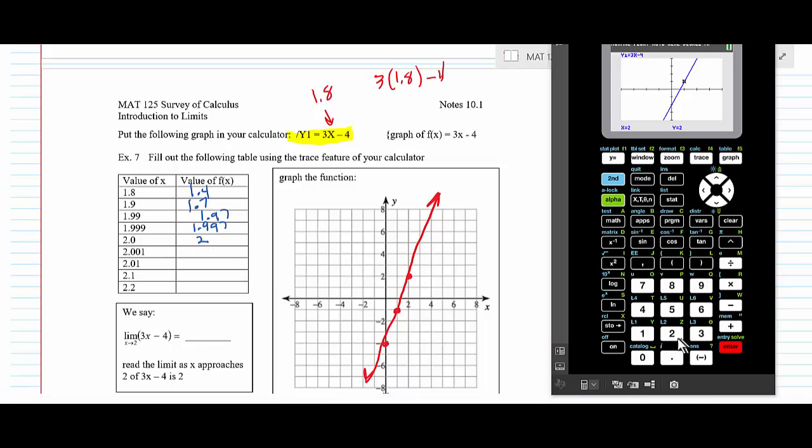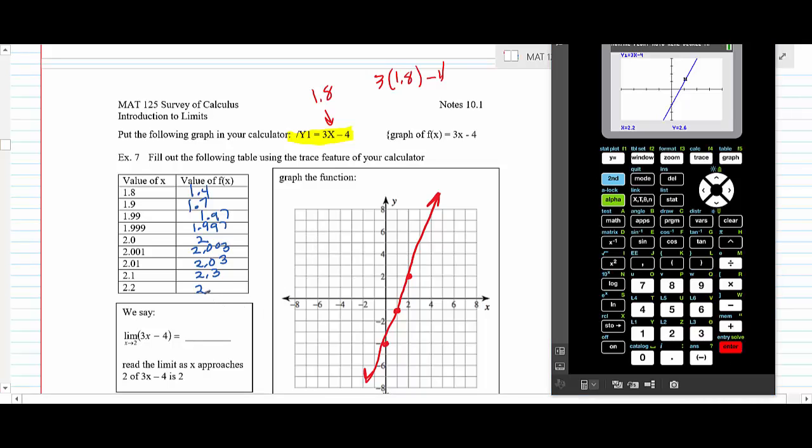And then I just keep doing this. 2.001. Now let's see, that's 2.003. 2.01 is going to give 2.03. And then 2 more I'm going to do is 2.1 is 2.3, and then I'll finish up with 2.2.